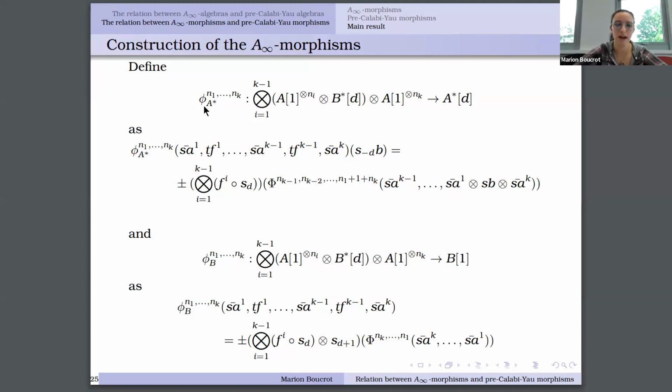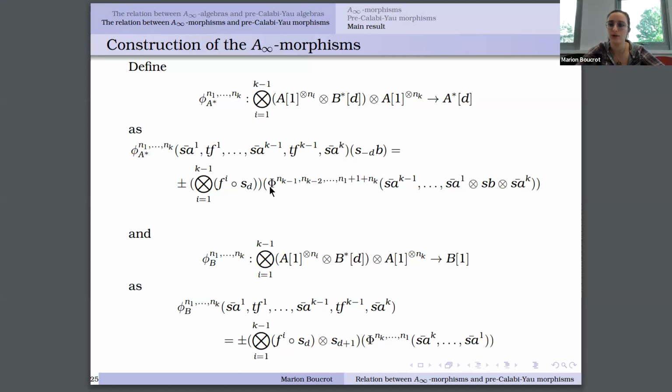So a map phi A star going from this space to A star shifted by D. And if we apply it on those elements, and we apply to an element in A shifted by minus D, we will end up, up to a sign, with an element in K, the base field, which is up to a sign this map phi.